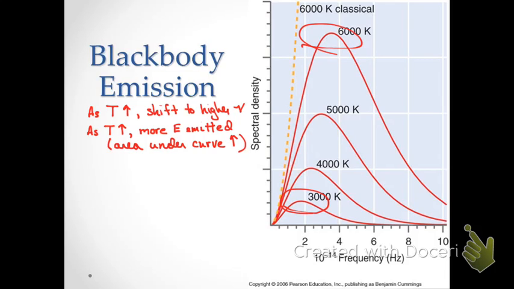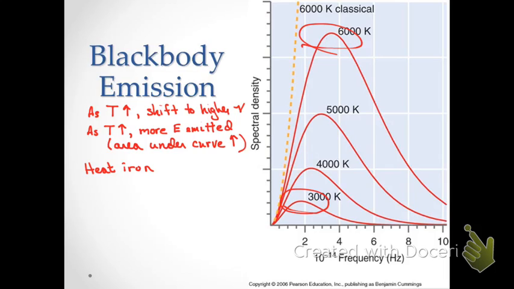More specifically, the area under the curve is an indication of the total energy per unit volume emitted at a given temperature. Because we see this increase in the maximum and the increase in the area under the curve, that's an indication that there's more energy emitted at the higher temperatures than at the lower temperatures.